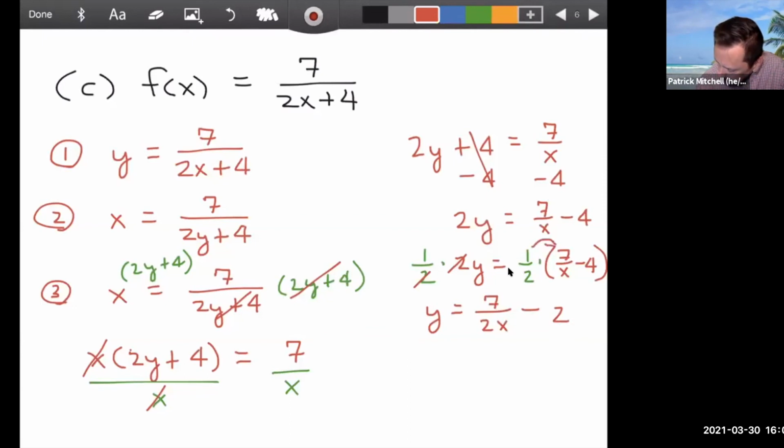See what I did there? And we're done. That equation is solved for y. So the equation of the inverse function is f inverse of x equals 7 over 2x minus 2.